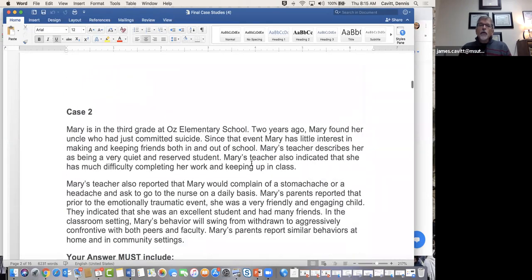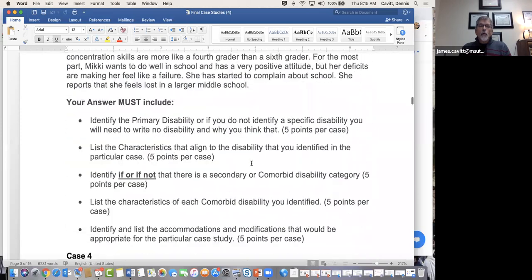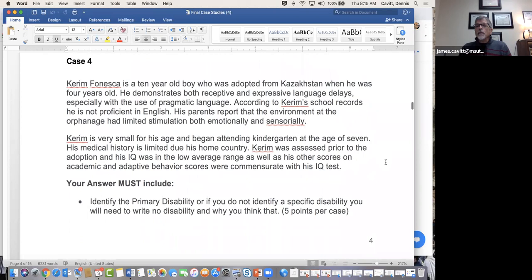Now I'm also going to run down to case 4, because I don't remember if I fully explained the exclusionary clause for learning disability. Case 4 is Kareem Foneska, and he is 10 years old.